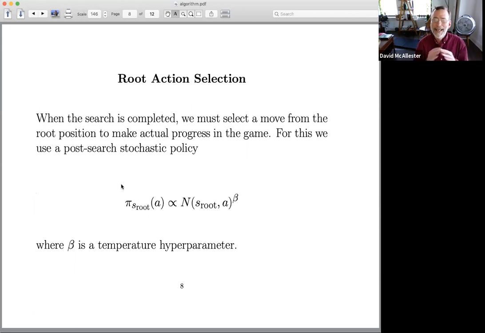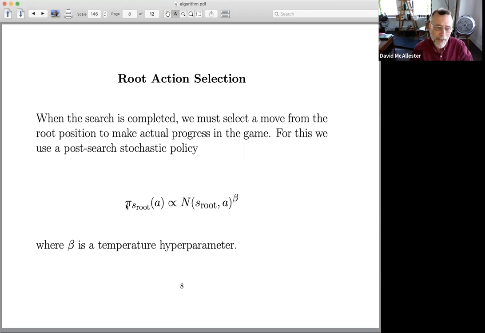Okay, so that's how we grow the tree. Now, after we've grown the tree, remember that a game is played by selecting moves at each position, and each move selection is based on a tree that's grown from that position. So we grow a tree, then at the root position we have to select a move.